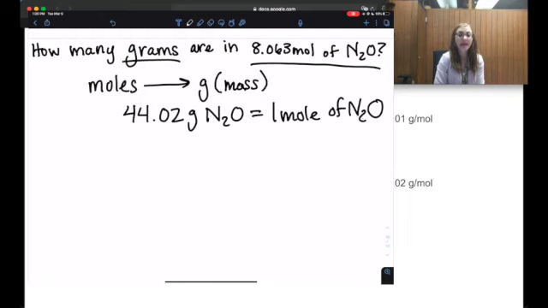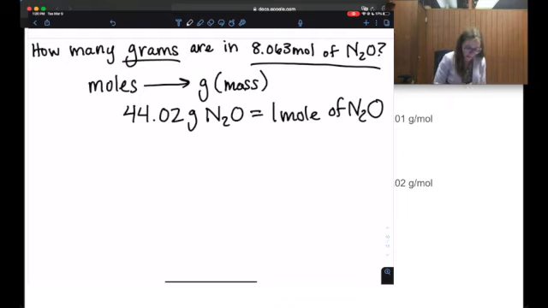Okay, so again, if you need a refresher on how to calculate that formula mass, you can see examples of these calculations in the slides, as well as you should go back and review the formula mass videos from earlier in the semester.